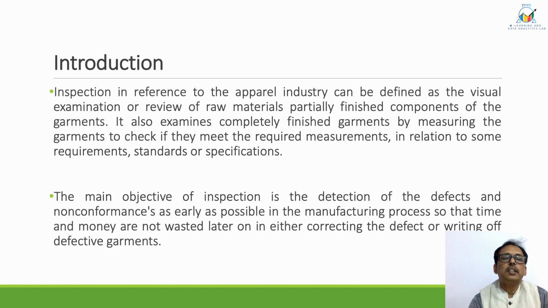The main objective of the inspection is the detection of defects and non-conformance as early as possible in the manufacturing process, so that time and money are not wasted later on in either correcting the defect or writing off defective garments.